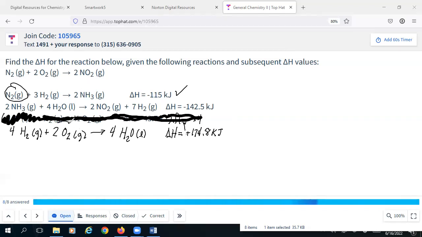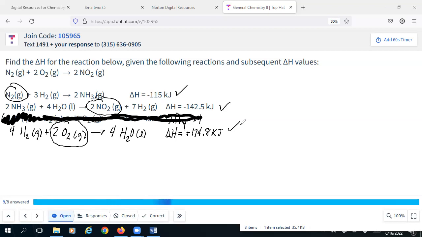So now I've got my oxygen in the right location with the right coefficient. And then lastly, I have the 2 nitrogen dioxides. This middle equation has the nitrogen dioxide I need. It's in the right part of the equation. It has the right coefficient. So I'm going to leave it as it is.